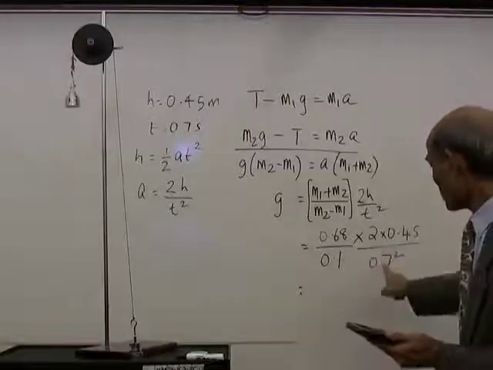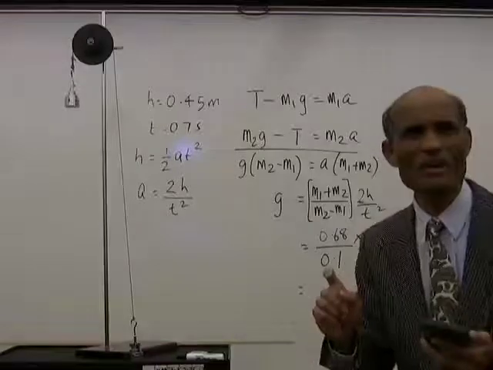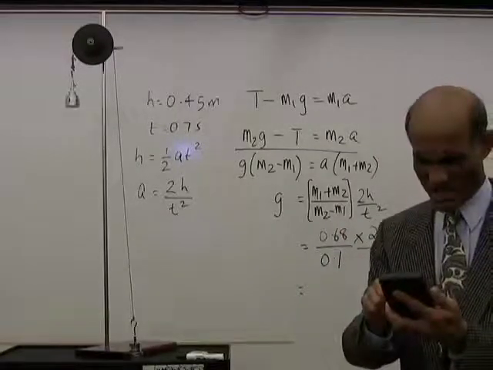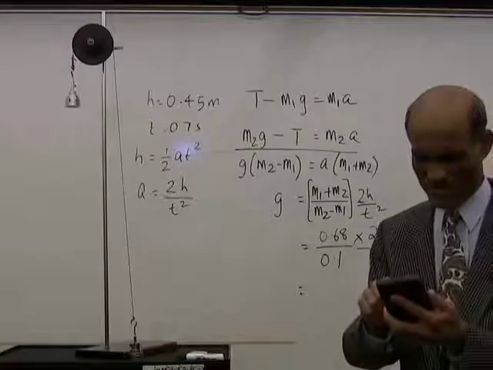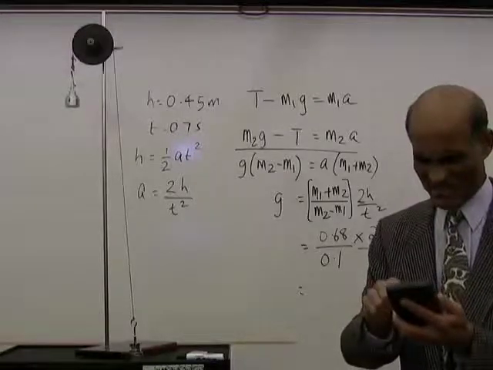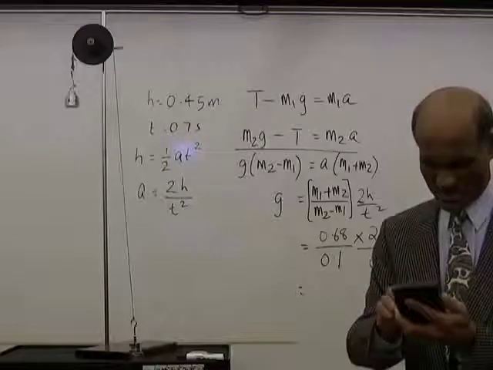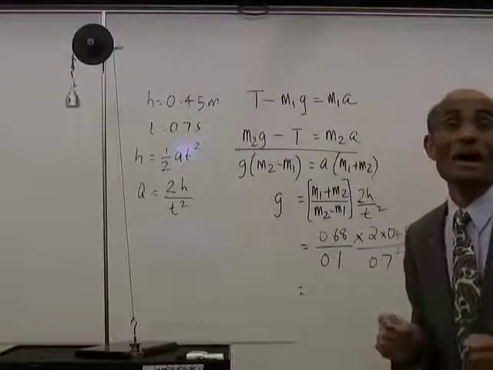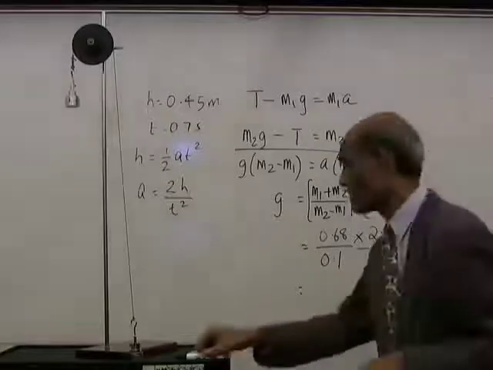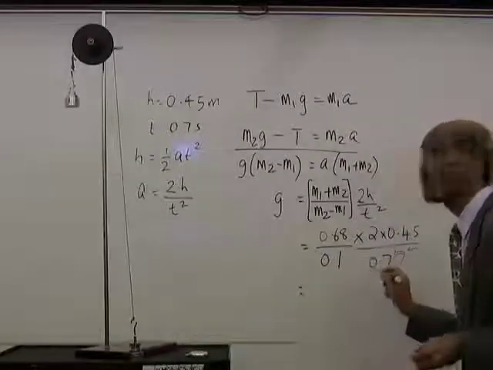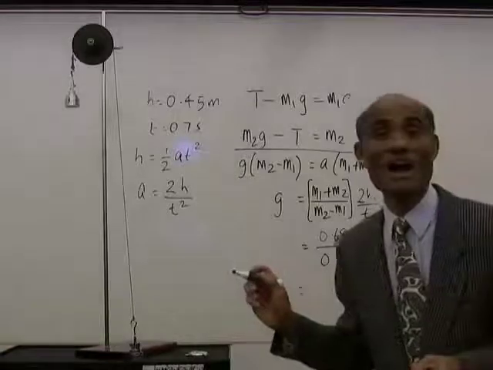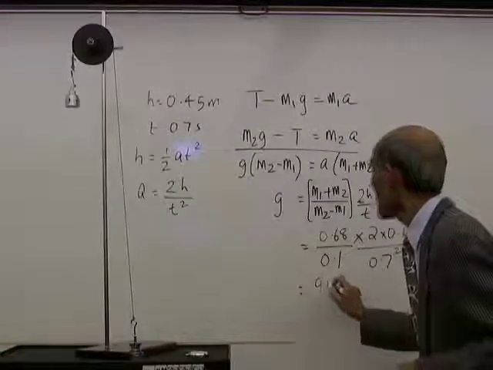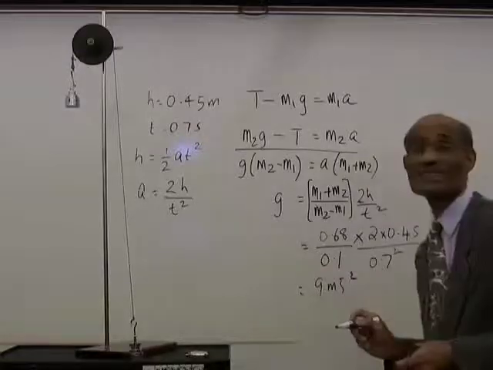Now, I thought my time was very close to 0.9 seconds. Well, if I change that time to 0.9 seconds, it gives me about 8. So, well, if I take an average of 0.7 and 0.9, I get 0.8, and that will give me close to 9 meter per second squared.